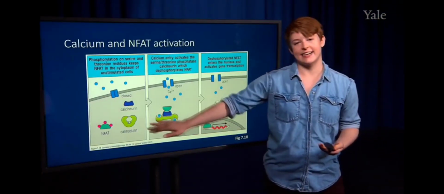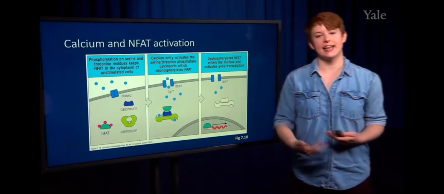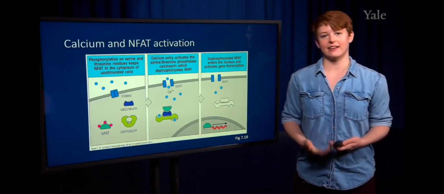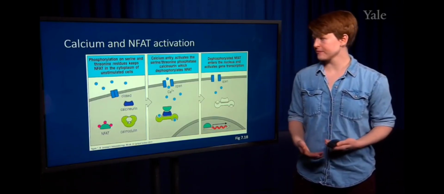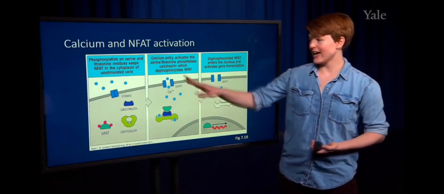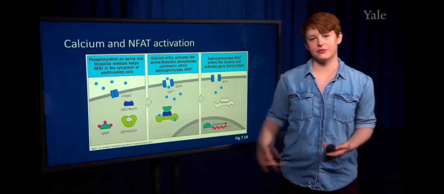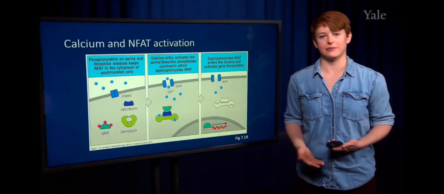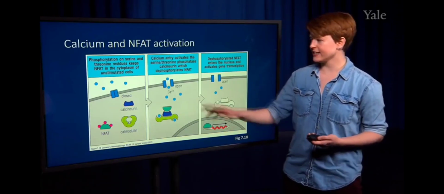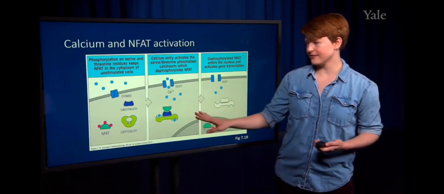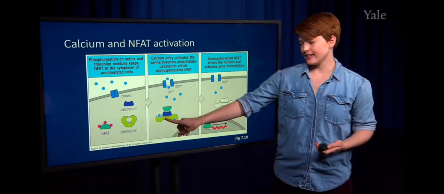It's not able to enter the nucleus and cause its transcription factor activity. However, when calcium enters through the plasma membrane, like we just talked about, this actually activates a serine and threonine phosphatase. So this leads to dephosphorylation of NFAT.